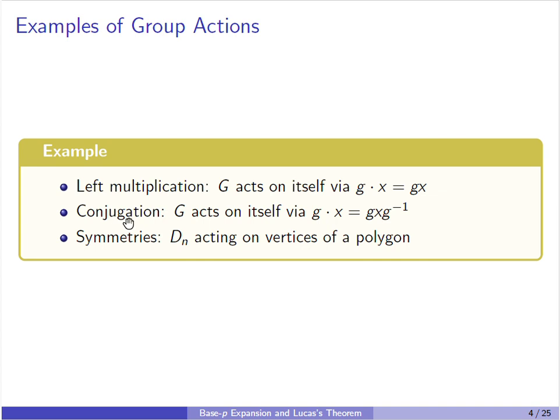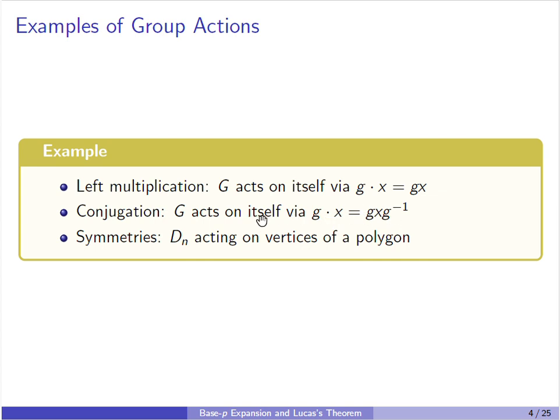Another action is conjugation. So a group also acts on itself by conjugation. If x is an element of the group G, the action of g on x is just conjugation. Again, you can see that if g is the identity element, you get back x, so that's satisfied. And you can see that if you conjugate by h and then conjugate by g, it's the same as conjugating by gh.